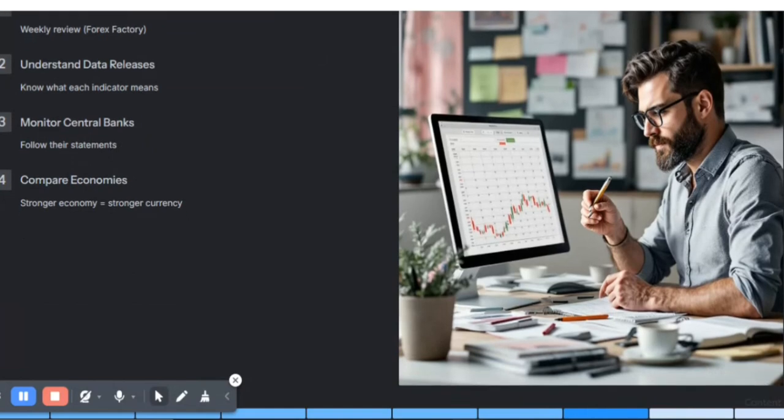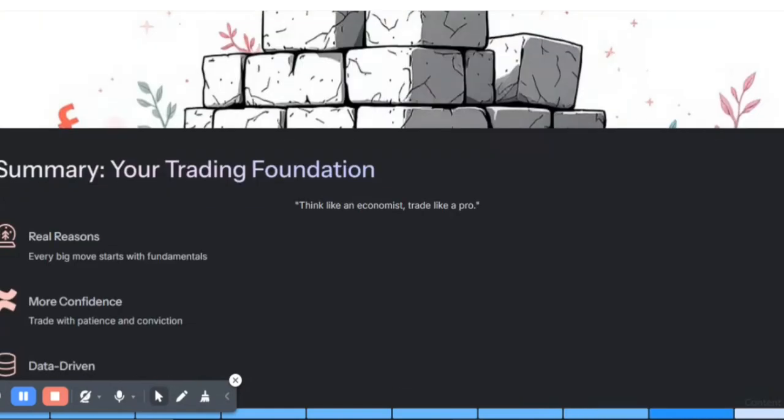So in summary, guys, what does fundamental analysis do? It helps you to think like an economist and trade like a pro, right? It gives you the real reasons, the why. Every big move starts with fundamentals.